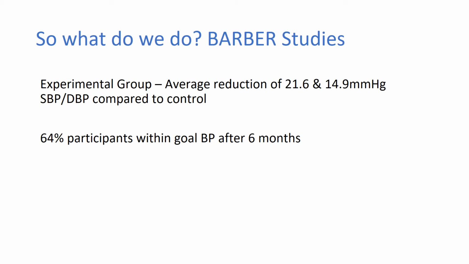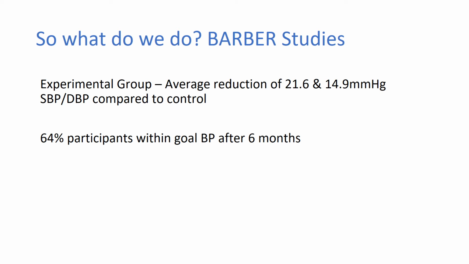These were studies conducted in Dallas County and LA, where Black men would be approached during their haircutting appointments to discuss their hypertension and to interact with pharmacists. And it was shown that they achieved better blood pressure control this way.